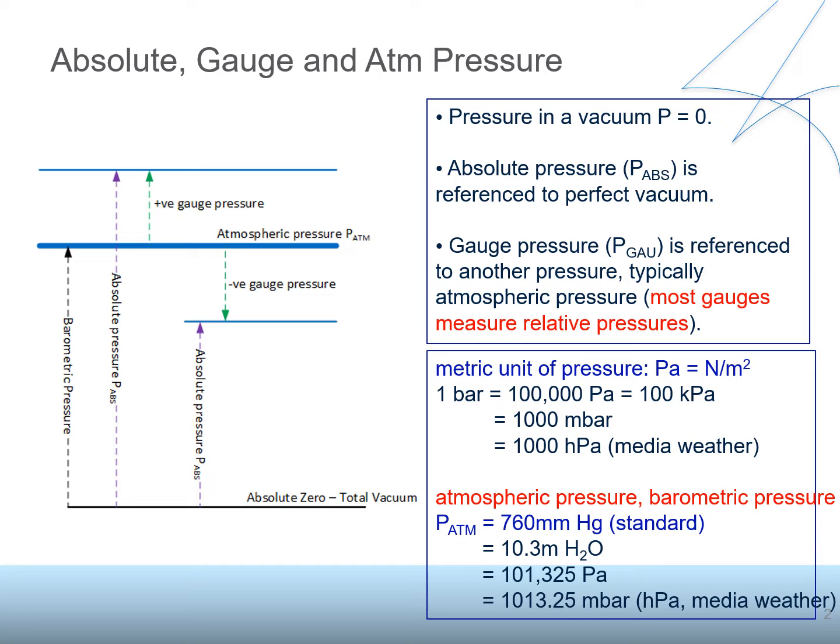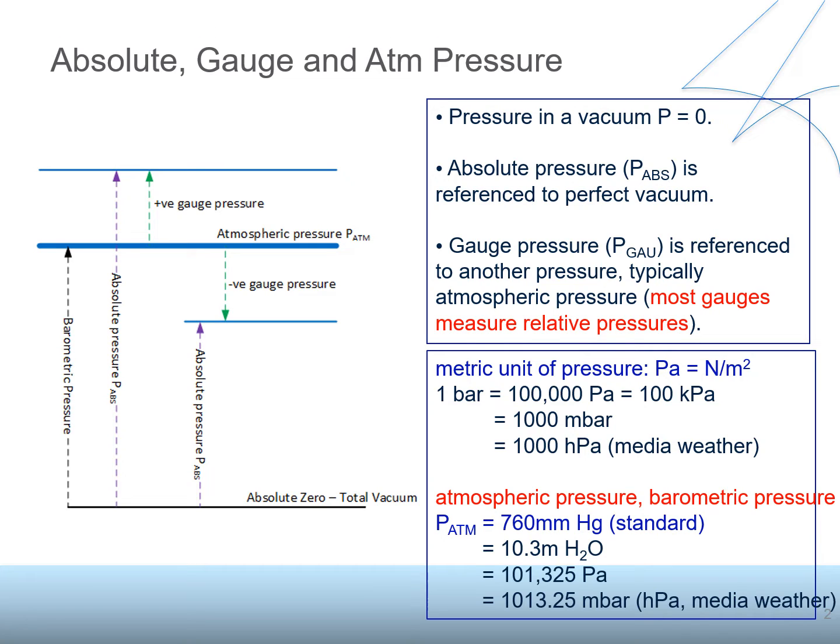Now, the atmospheric pressure is the pressure at the sea level, and that is written as P_ATM. So that is the weight of the air column divided by the unit area.